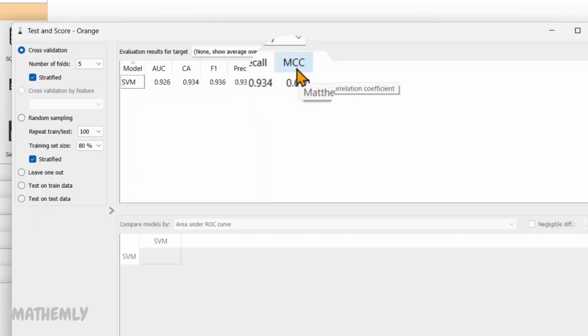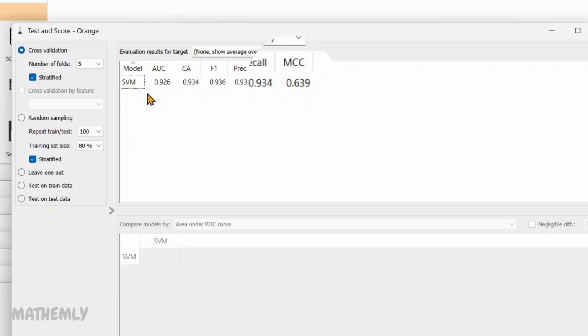Additionally, the Matthews correlation coefficient or MCC is 0.639, which is a more reliable performance indicator, particularly when dealing with imbalanced datasets. MCC value ranges from -1 to +1, where +1 represents a perfect classifier, meaning the model maintains a strong correlation between predictions and actual outcomes.